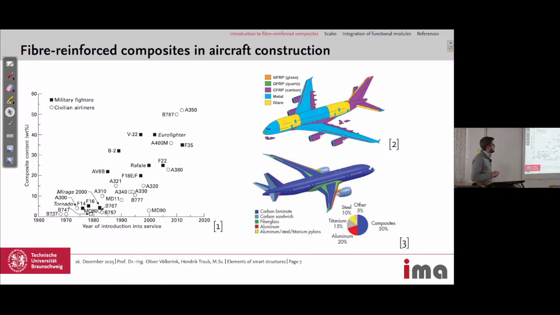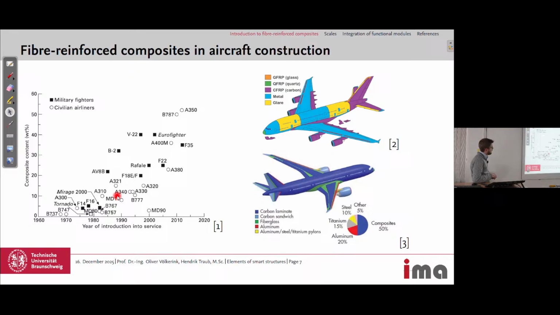Fiber reinforced composites are very much used in aircraft construction. In this diagram, each dot or point is a different aircraft type. The filled ones are military aircraft, and the round ones, the circles, are civil aircraft. Here is the year of entry into service, so the first entry into service of this type of aircraft. And here is the composite content in the structure in weight percent.